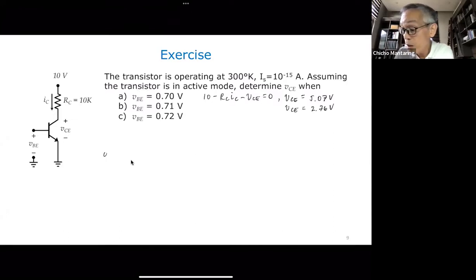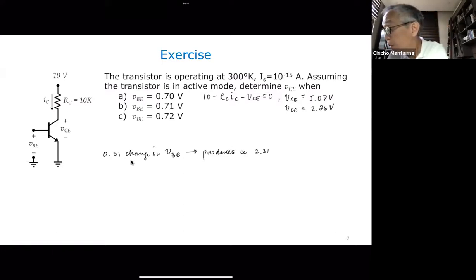Yung 0.01 change in VBE now produces a 2.31 volt, tama ba? 5.07, yeah, 2.31 volt change in VCE.